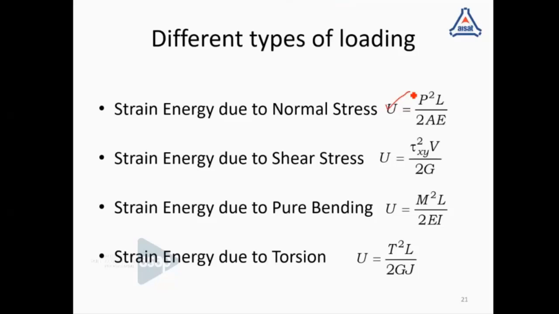The first one we have proved. The proof has been explained. Using the same approach, starting from the basic principles, we can show that when a shear stress of τ is applied on a body of volume V, and G is the modulus of rigidity, the modulus of rigidity is a material property.